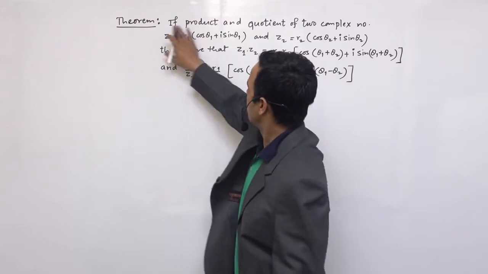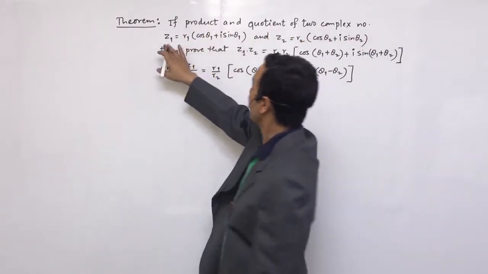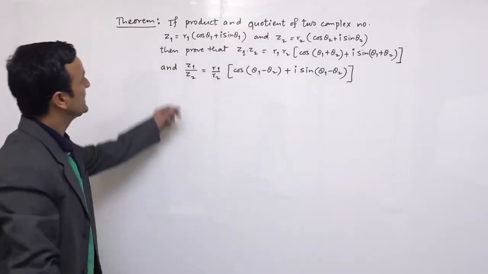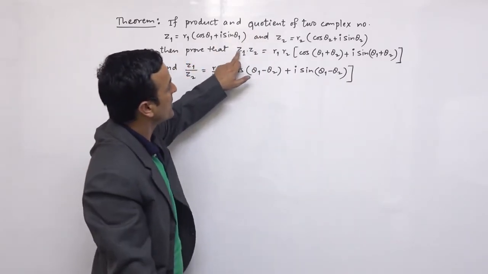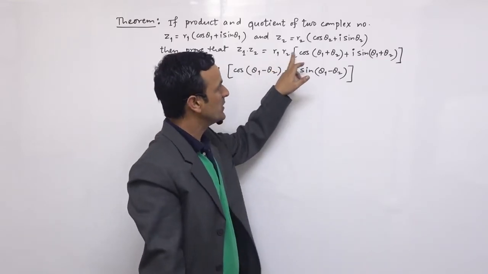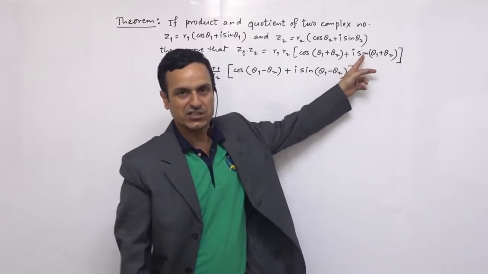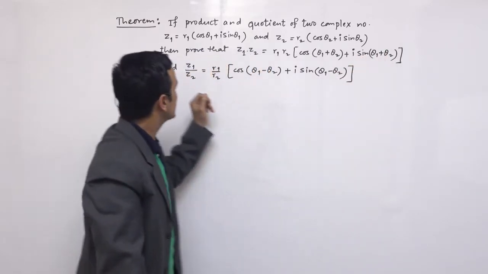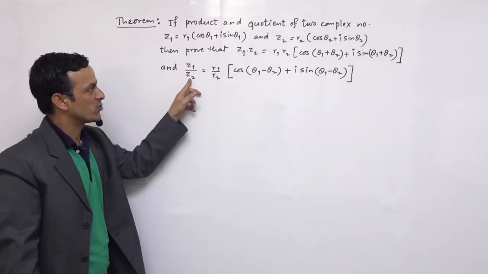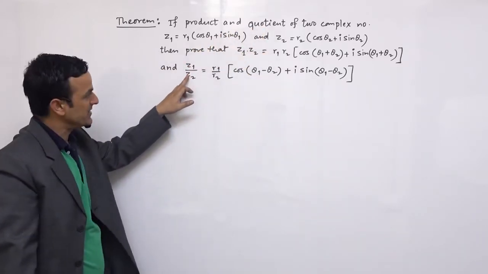So this, if product and quotient of two complex numbers z1 and z2, then prove that z1 into z2 is equal to this one, r1 into r2 times cos theta 1 plus theta 2 plus i sin theta 1 plus theta 2. Similarly, z1 divided by z2 means it is quotient, it is product and it is quotient.